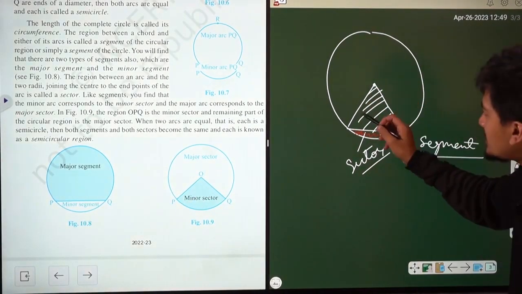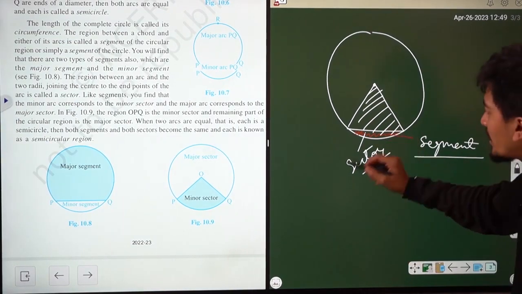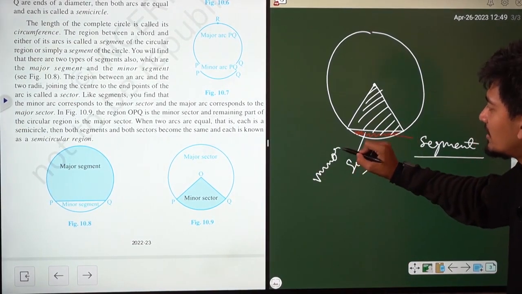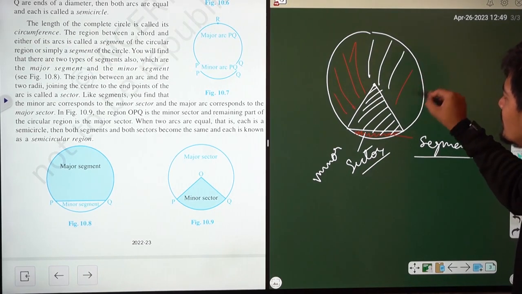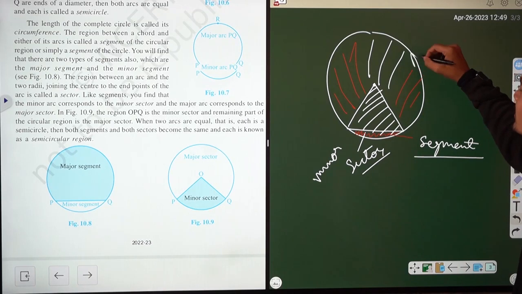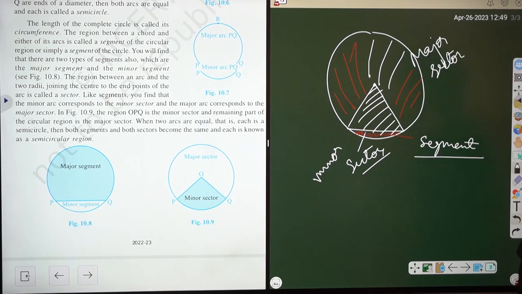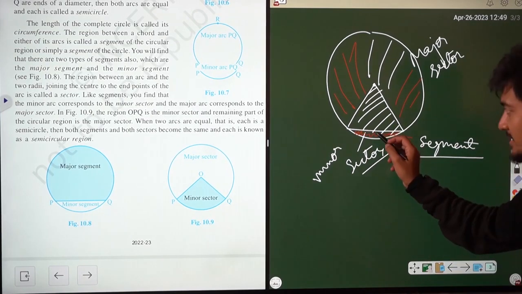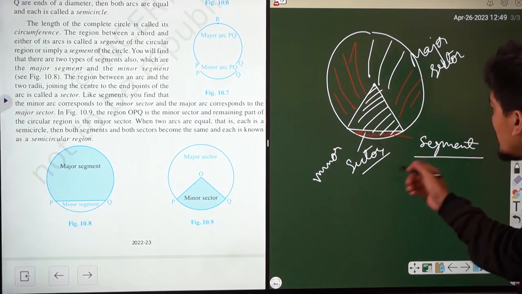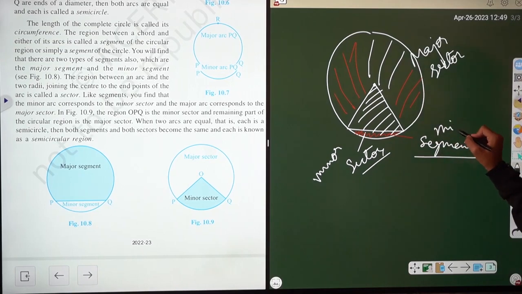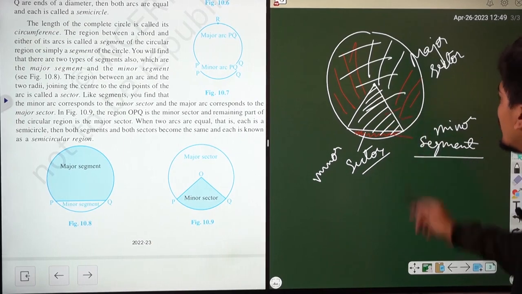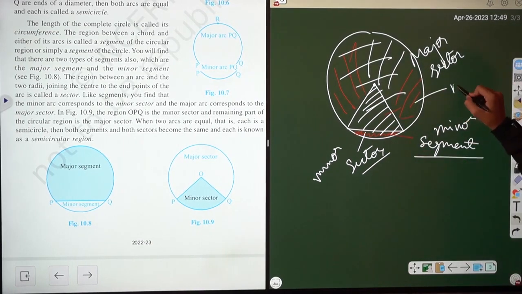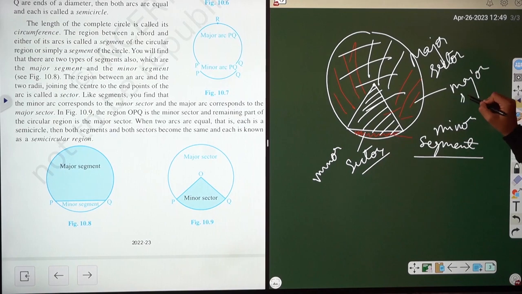Since this sector is the smallest part, we call it the minor sector, and this whole part we call the major sector. Since this segment is the smallest part, we call it the minor segment, and the rest of the part we call the major segment.